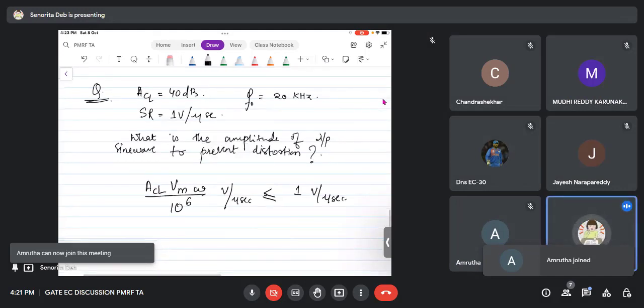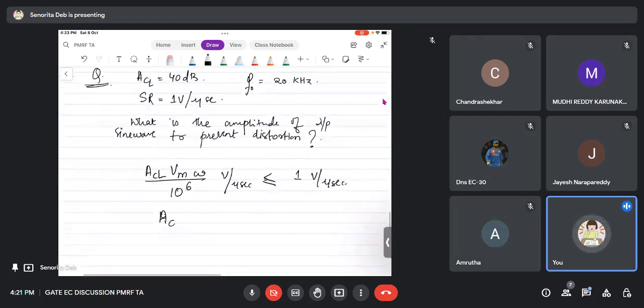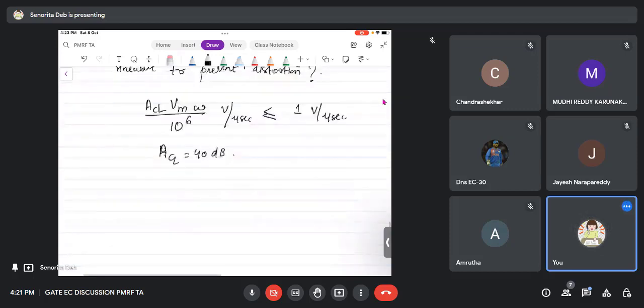So ACL, 40 dB. This is not in dB, this is in numerical terms. Since this is not power, this refers to the voltage gain. This dB was found by 20 log of ACL, which means ACL in numerical terms is 100.